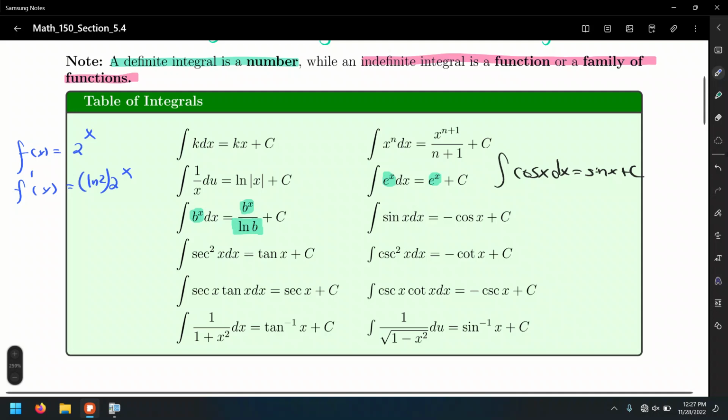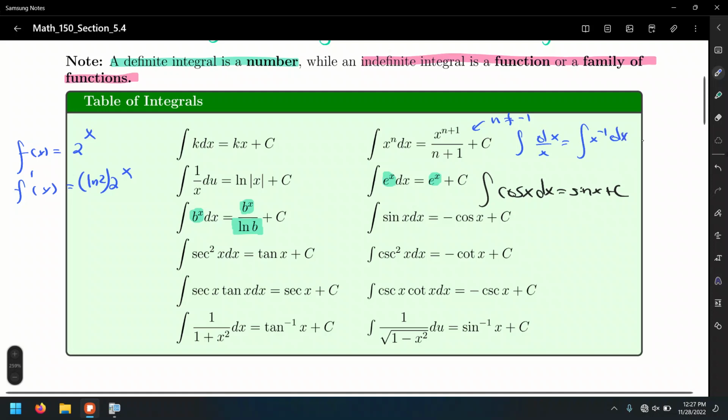All right? What else do we have? Oh, careful with this general power rule. I think it's worth discussing. You'll see why. This one works for n not equal to -1. What happens if you use, for example, the integral of 1 over x, which is really the integral of x to the -1 dx?